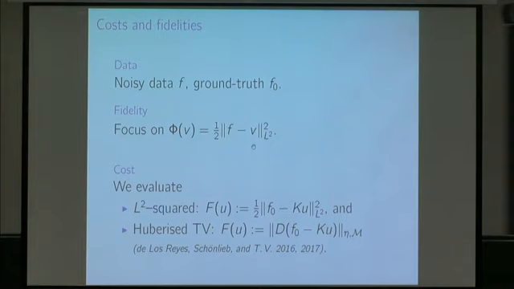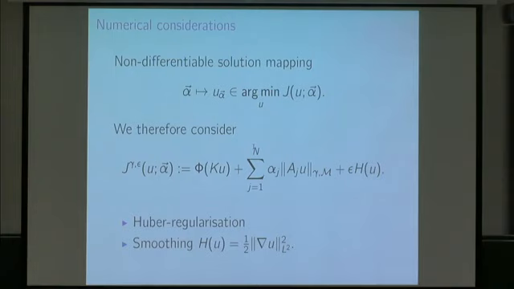And then we choose a couple of different costs at the outside. The first is just the usual L2 cost or PSNR. Another is basically using TV as the cost, but we apply smoothing to it to be able to compute things. And then there's the problem that the solution mapping of the inner problem is actually set valued, because the inner problem is not smooth at all.